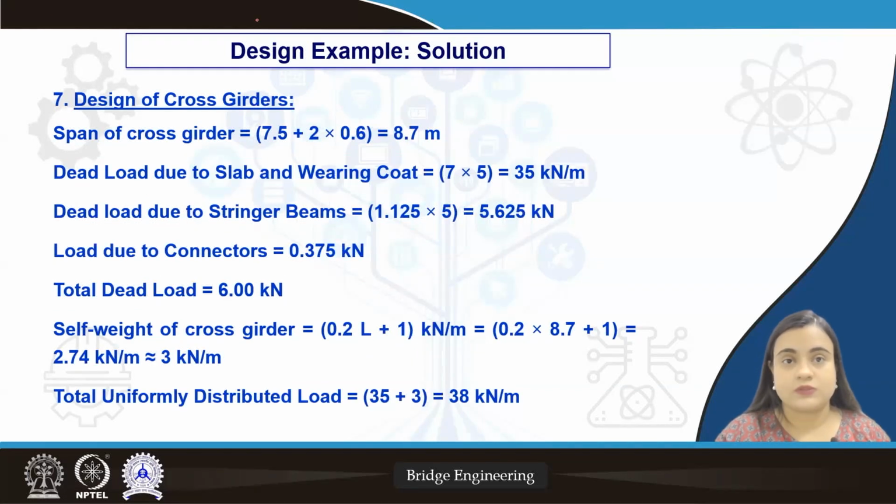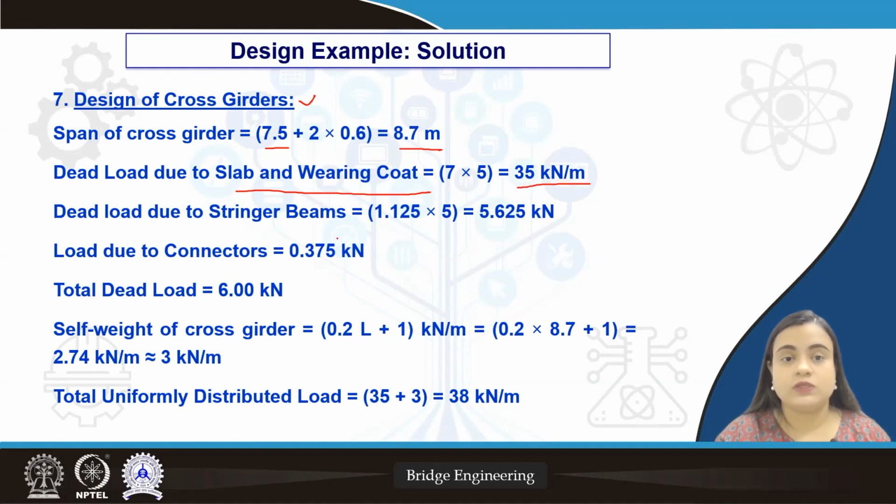Next, we can proceed to design of cross girders. The span of the cross girders is 7.5 plus 2 times 0.6, that is arising from the curb width, that is equal to 8.7 meter. Dead load due to slab and wearing coat will be equal to 7 times 5, that is equal to 35 kilonewton per meter.